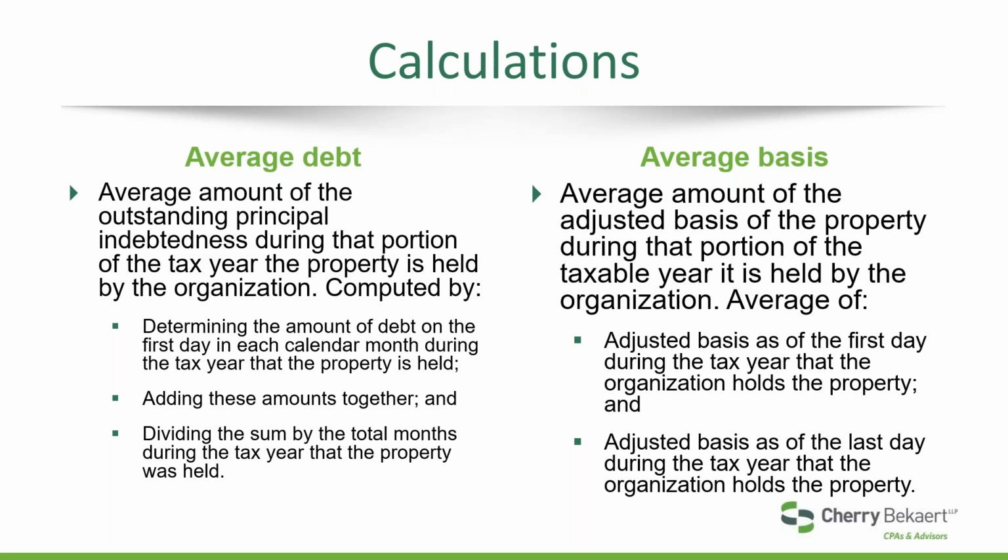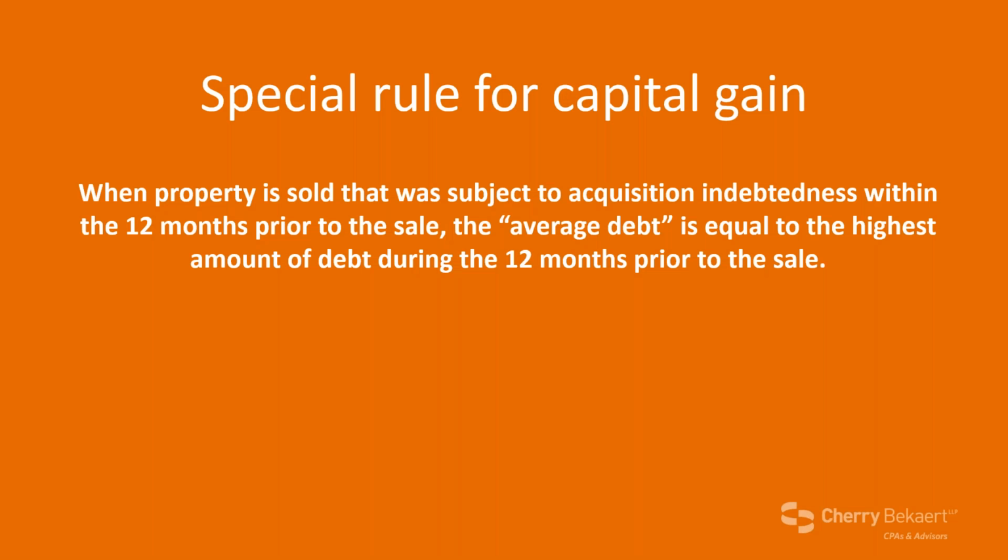These rules are slightly different when what the calculation pertains to is the capital gain from the disposition of the property. Because you may recall that I mentioned that one of the provisions was even if there was not acquisition indebtedness during the tax year, if there was acquisition indebtedness at some time in the 12 months prior to the sale, then it would still apply.